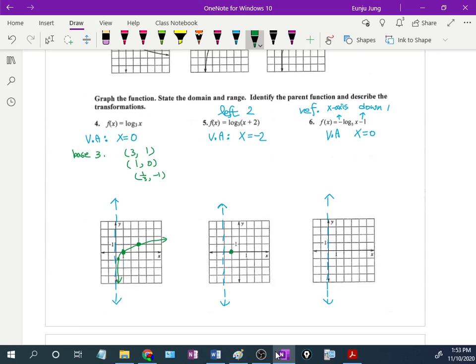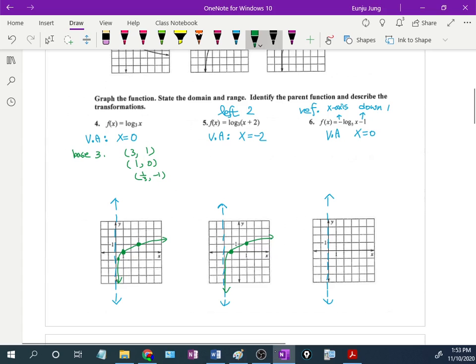And the next point was at 3 and 1, 1, 2, 3 and 1, but I need to move it here. This one left 2 units, so this will be the location. Make sense? So we just translate these points to the left, and then we connect the dots and follow the other end towards that vertical asymptote, and that is a good graph.